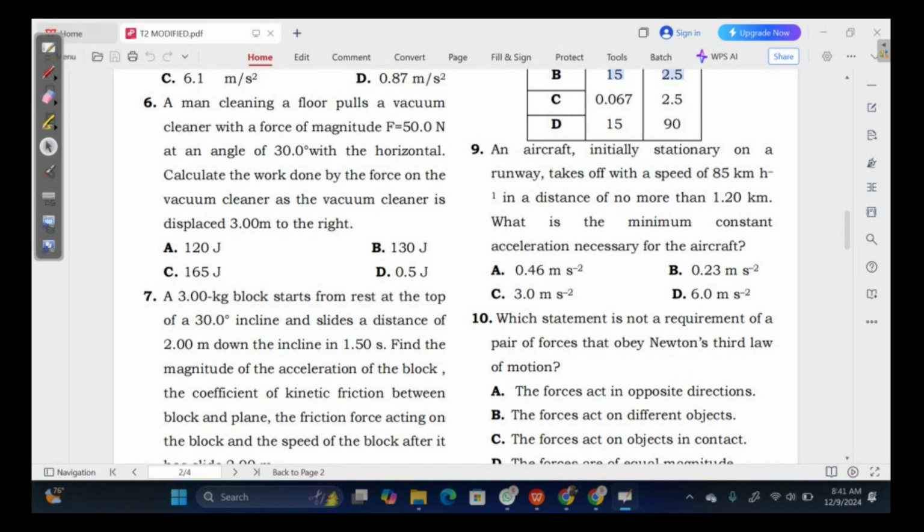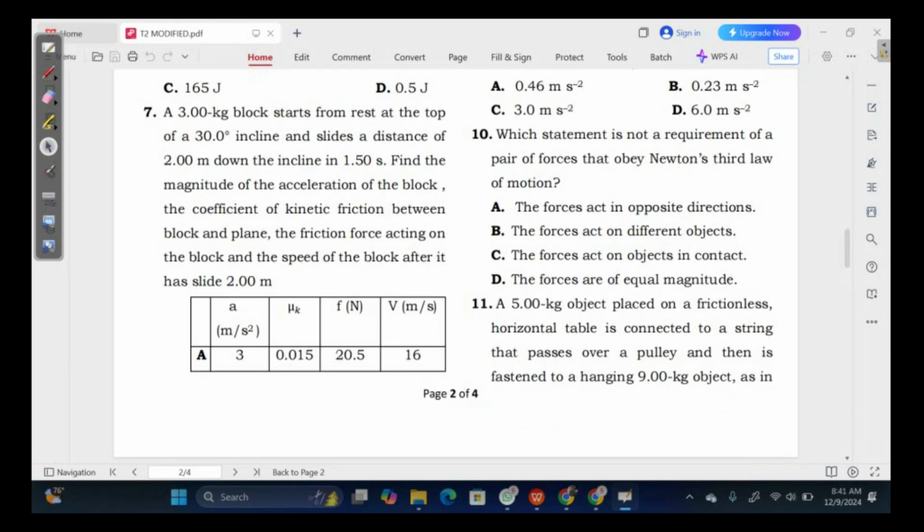So we go to 10. So 10 is saying, which statement is not required of a pair of forces that obeys Newton's third law of motion. So Newton's third law of motion, I want you to understand this. Let's assume that this is a wall. Now you are with a car. Now you bump into the wall.